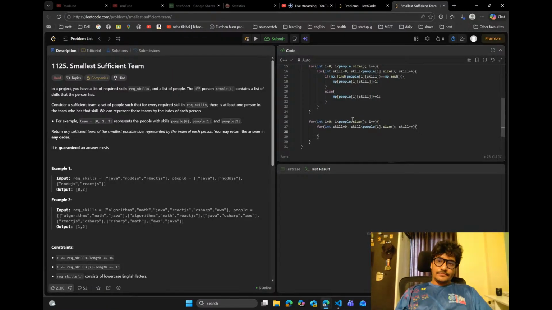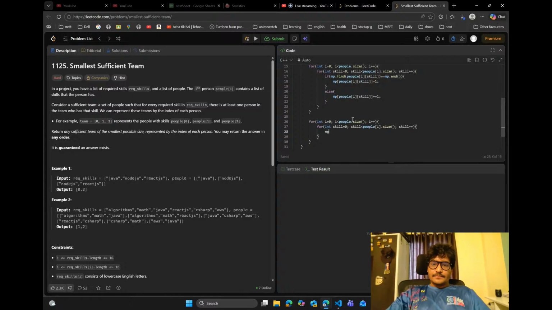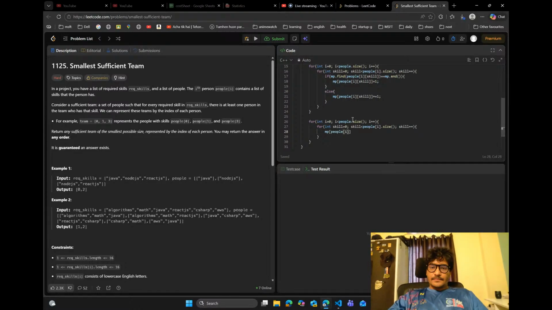Okay, now we will start removing all those skills from MP. It becomes equal to 0.